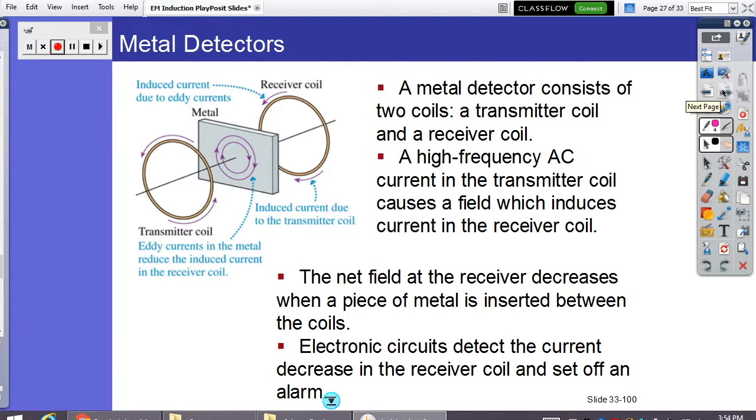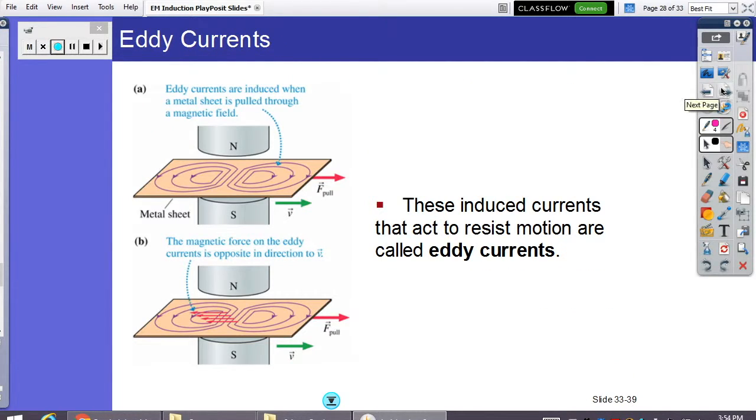With a metal detector, if I wave a magnet over some metal, it'll induce currents in that metal, which I can then pick up, the induced magnetic field from it, so it'll get a response from the metal.